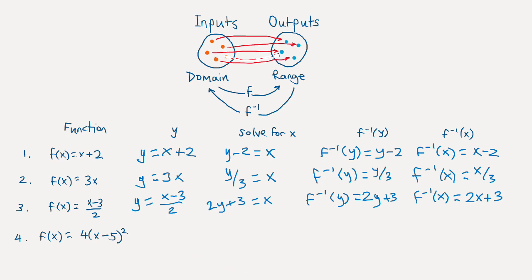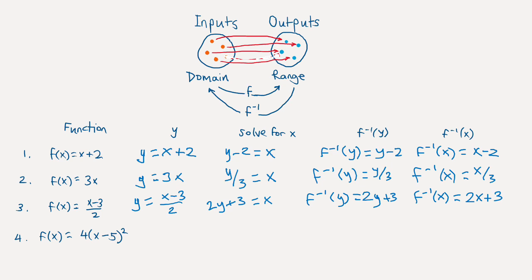Let's do one last example. In this last example, this function as written is not one-to-one, because, for example, if x was equal to 4, I would have 4 times (4 minus 5) squared, so 4 times 1, so 4. But if x is 6, we'd also have 4 times (6 minus 5) squared, or 1, 4 times 1, would have 4 again.